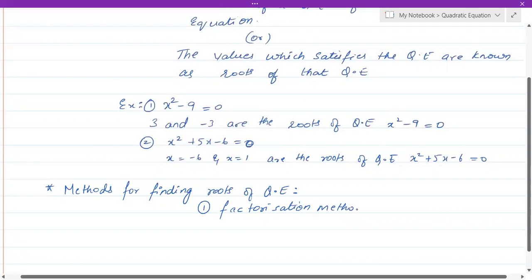These are the methods that we're going to use to solve. The other one is the completing the square method. And the last one, the formula method.